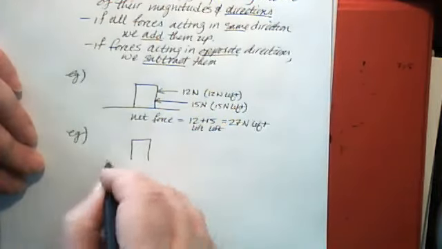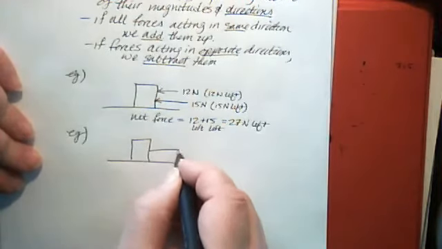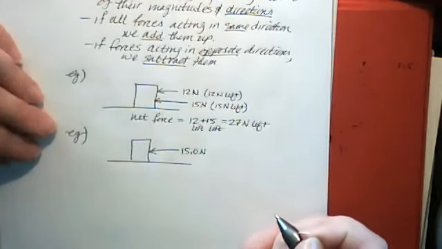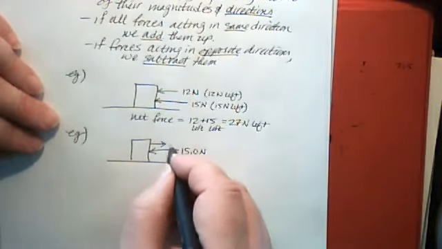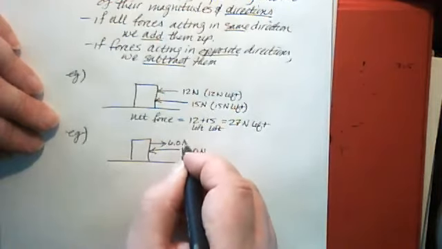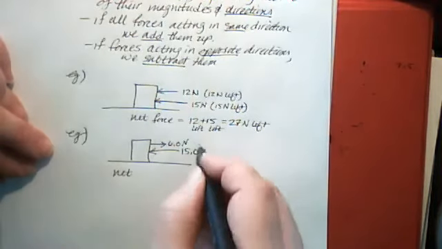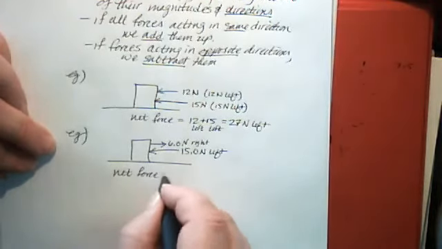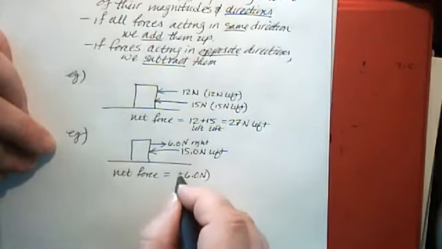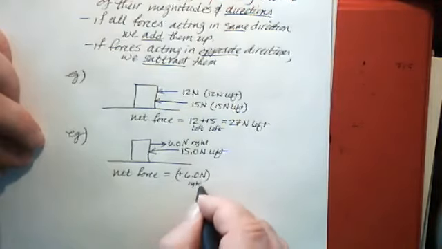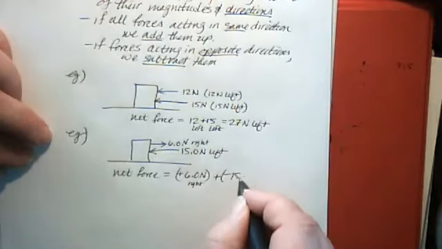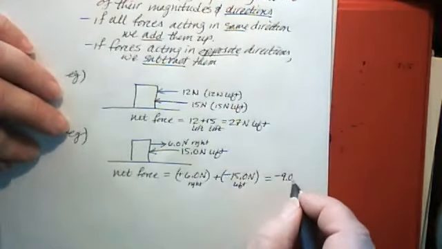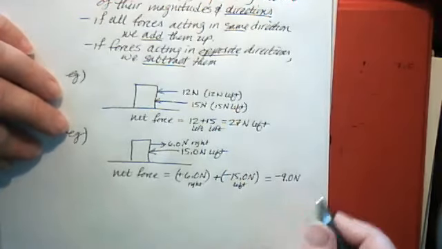So another example, if we have a box sitting on a floor and we've got one force acting to the left at 15 newtons and another force acting toward the right at 6 newtons, the net force would be plus 6 newtons, or 6 newtons to the right, plus -15 newtons, or 15 newtons to the left, which would be -9 newtons, or 9 newtons to the left.